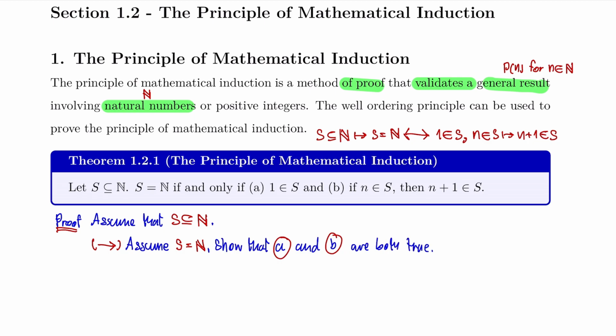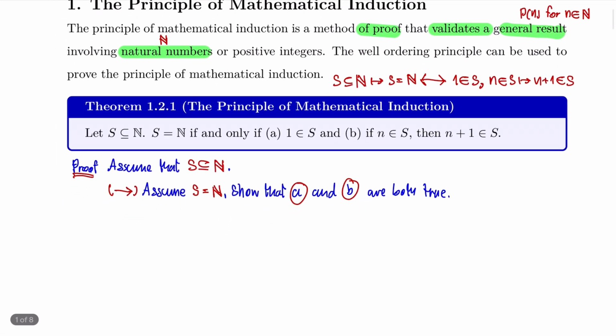I think it's pretty obvious. It's quite obvious. Why? Because set S is the set of natural numbers already. So we know that 1 is in the set of natural numbers.